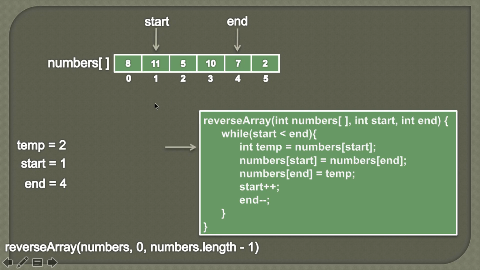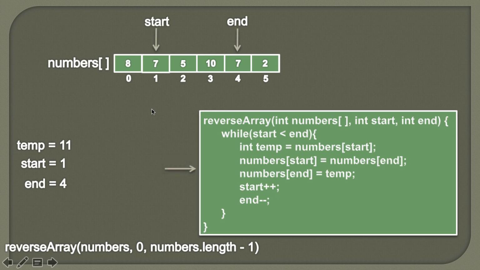First we'll store the value of array at start index into the temporary variable. So now temp becomes 11, and then we will simply assign the value stored in the array at index 4 to index 1. So it would look something like this, that the value in array at start index now becomes 7.